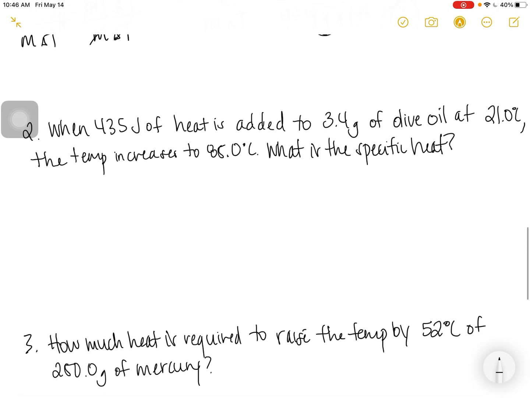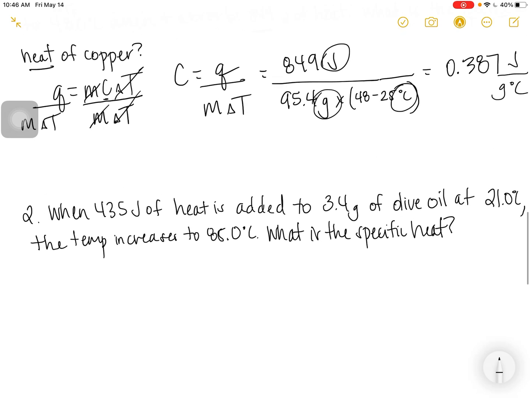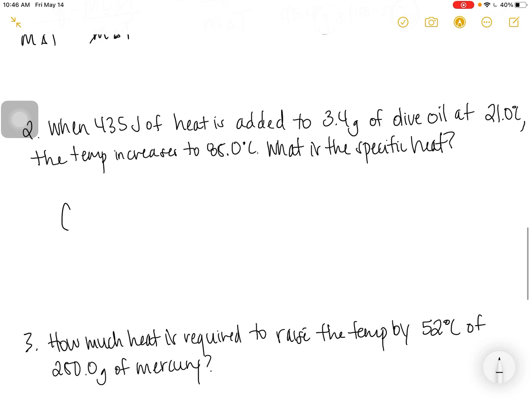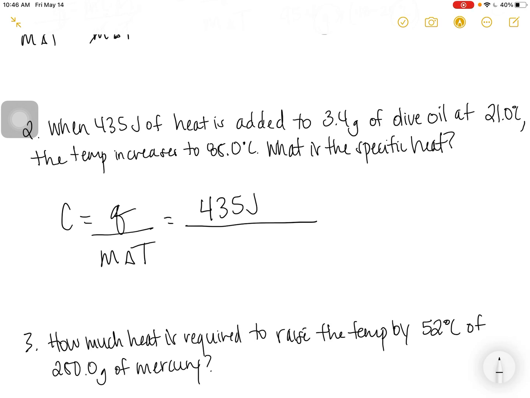When 435 joules of heat is added to 3.4 grams of olive oil at 21 degrees Celsius, the temp increases to 85. What's the specific heat? Same idea. I already have my formula solved from above. Q is 435 joules. My mass is 3.4 grams.